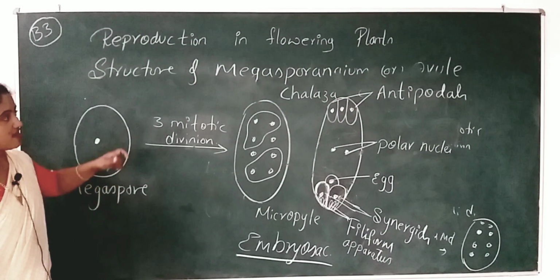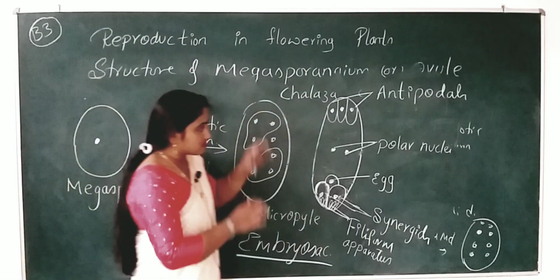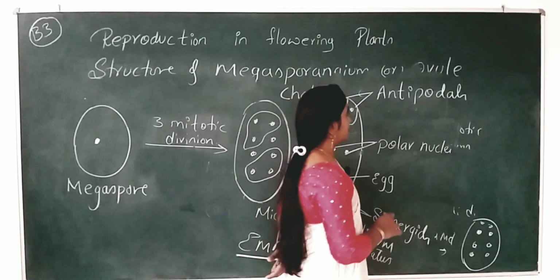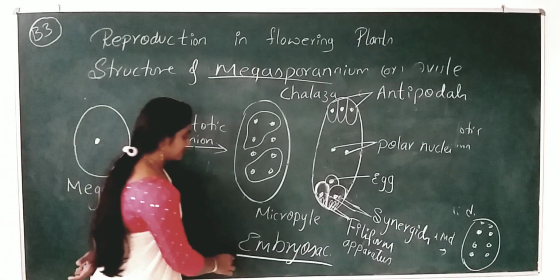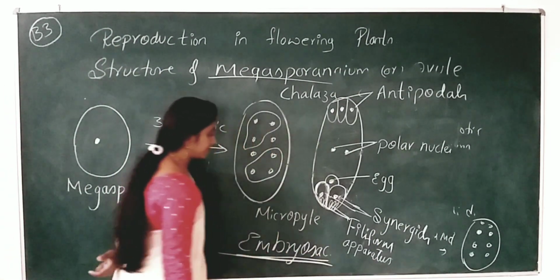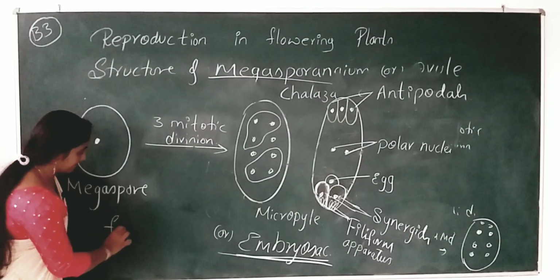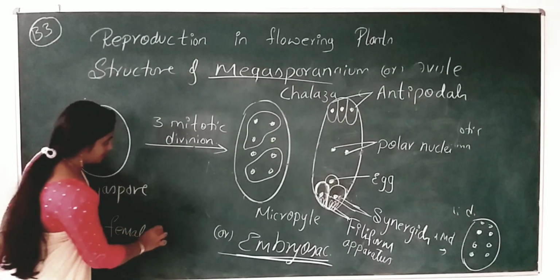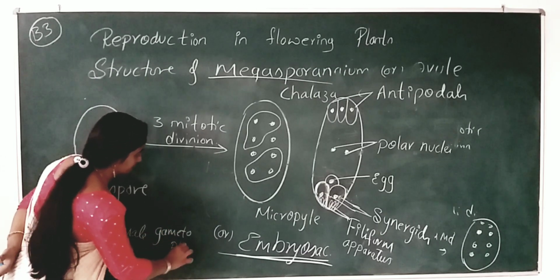So you have to understand that today's important concept is, we understood the structure of the megasporangium, we understood the structure of the embryo sac, which is also known as the female gametophyte.